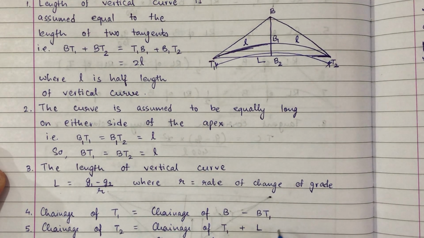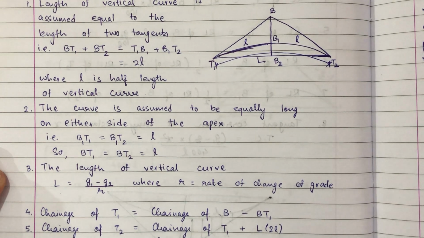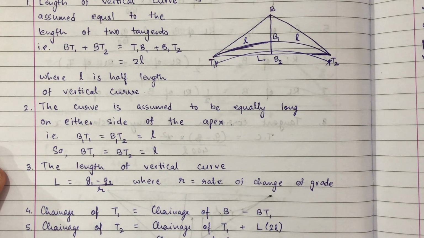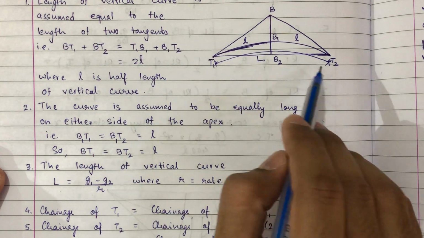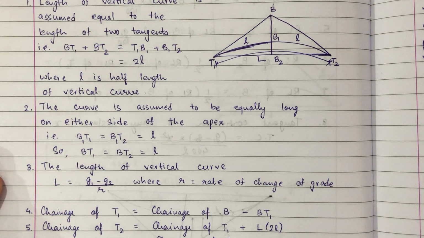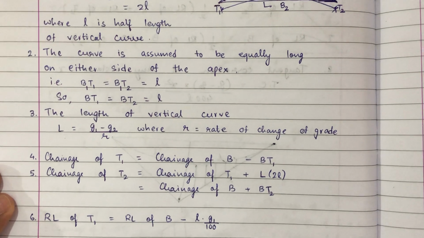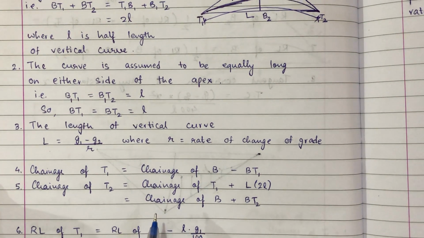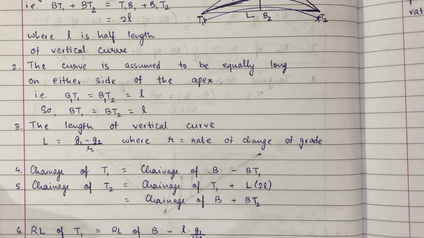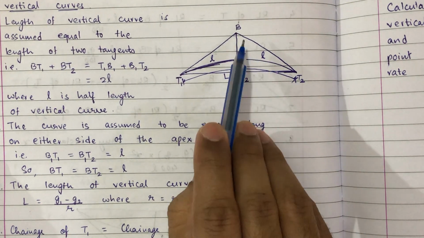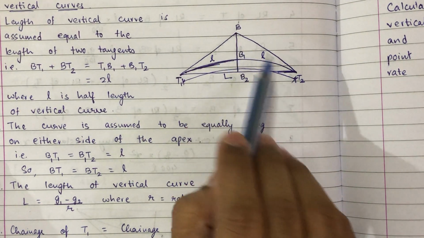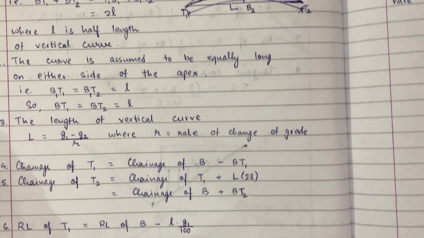This L can also be written as 2L because 2L equals the capital L, the length of vertical curve. Also the chainage of T2 can be written as chainage of B plus the tangent length BT2.